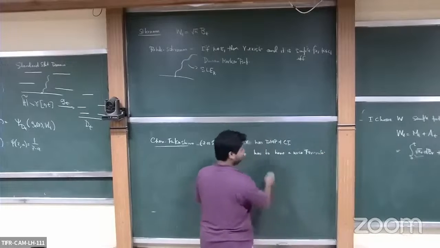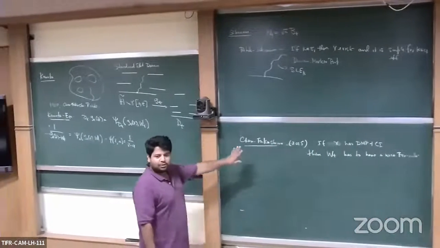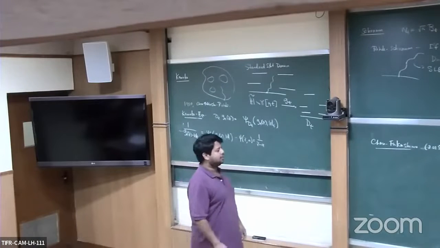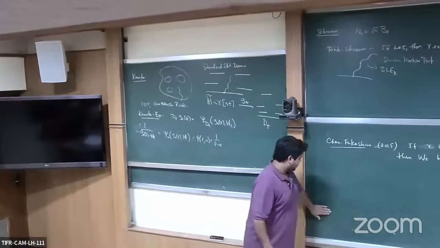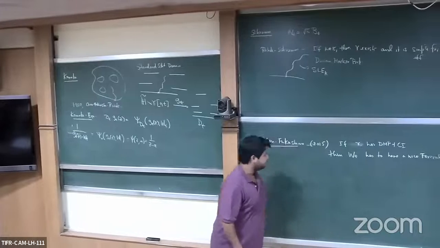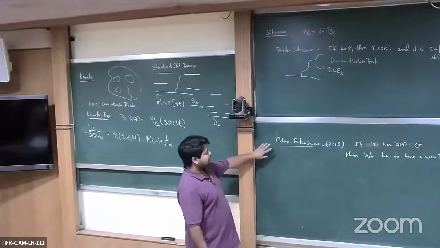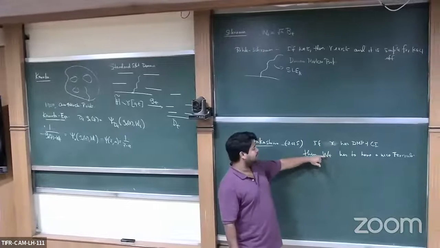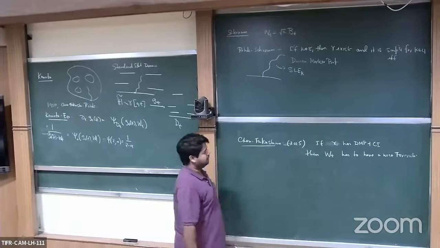It has to come out of some nice object. I'm not going to write what that formula is because it is extremely complicated and it's not going to add any value for now. But the work is that if gamma has the domain Markov property and conformal invariance, then W_t has to be of some certain form.